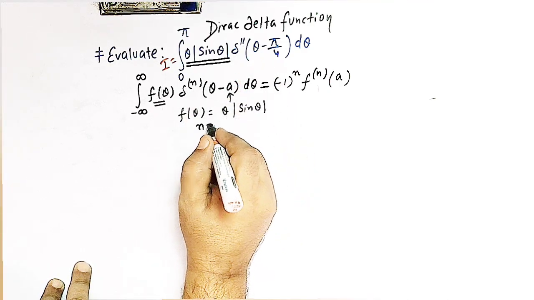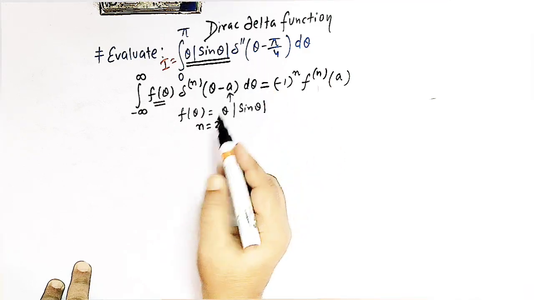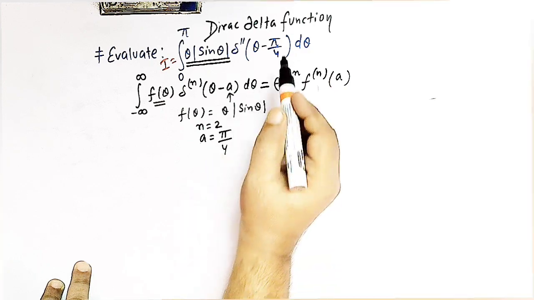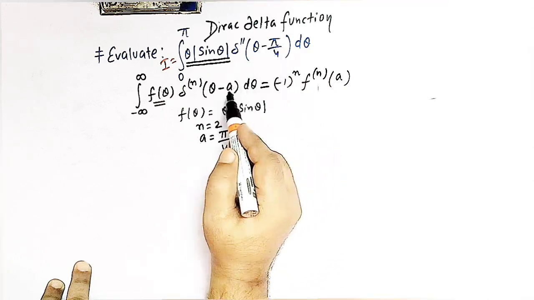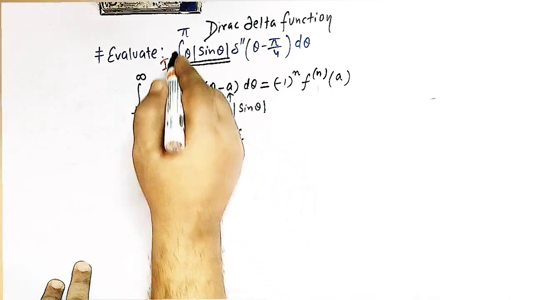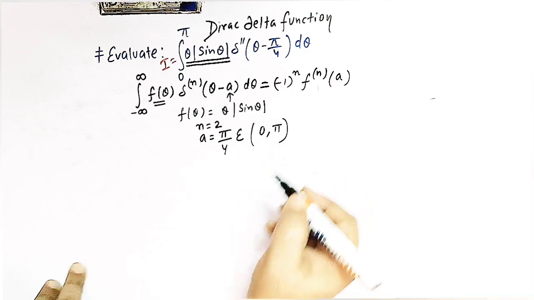So n is equal to 2, and here the value of a is pi by 4, and obviously this point, that is pi by 4, belongs to the interval 0 to pi.